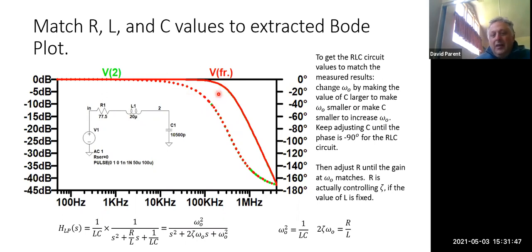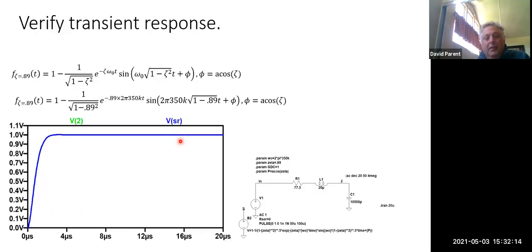So I read in the data, and there's the measurement, and there was the data here, and I tweaked everything until it matched. So I was pretty sure my second order RLC had 77 ohms, 20 microhenries, and a large capacitance.